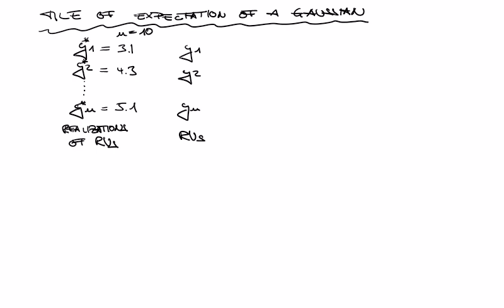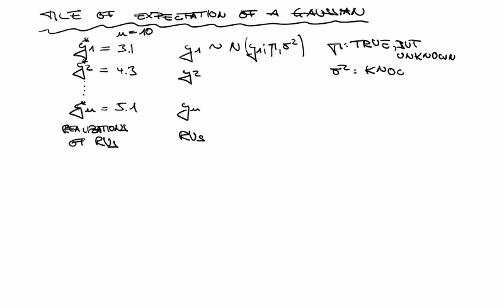Yeah? And now we say, okay, we assume that these data points were generated from a univariate Gaussian distribution. And we assume further that all of these n data points were sampled from the same univariate Gaussian distribution with true but unknown mu, and sigma square known. Yeah, so we know the value of sigma square.